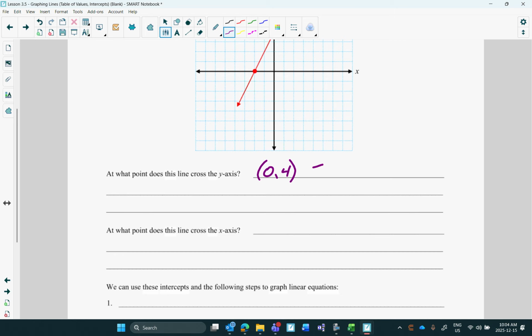And the y value of the point that crosses the y-axis is called the y-intercept.